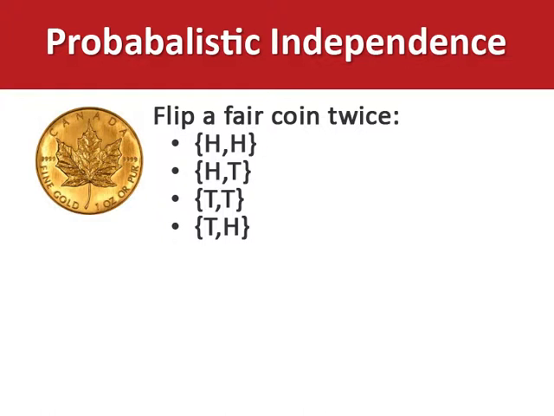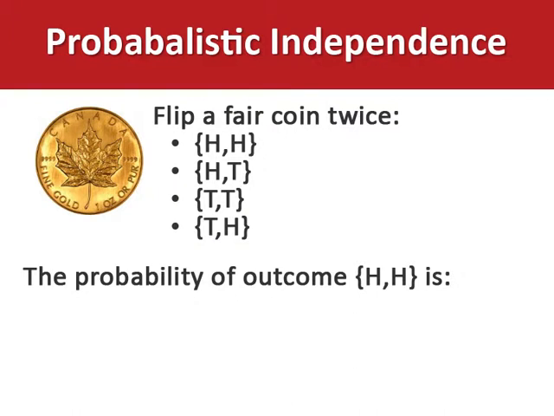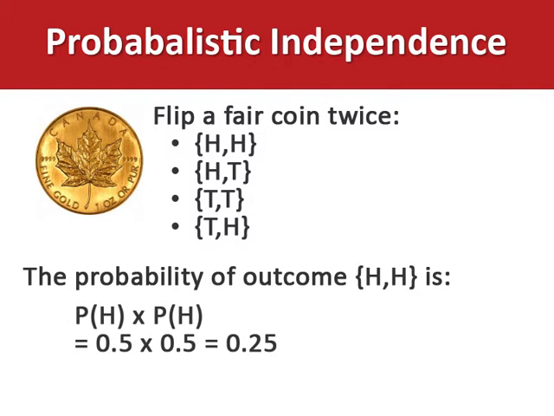Now, if they're independent, we can take the probability of any one of these outcomes, let's say heads heads, and calculate it by multiplying the probability of heads on the first toss times the probability of heads on the second toss. And since it's a fair coin, probability of heads on the first toss is 0.5, probability of heads on the second toss is 0.5.